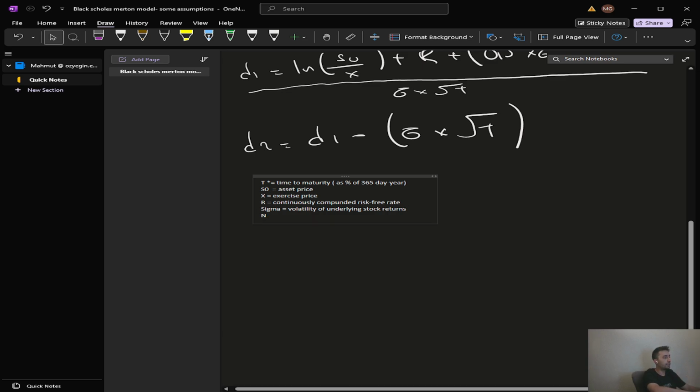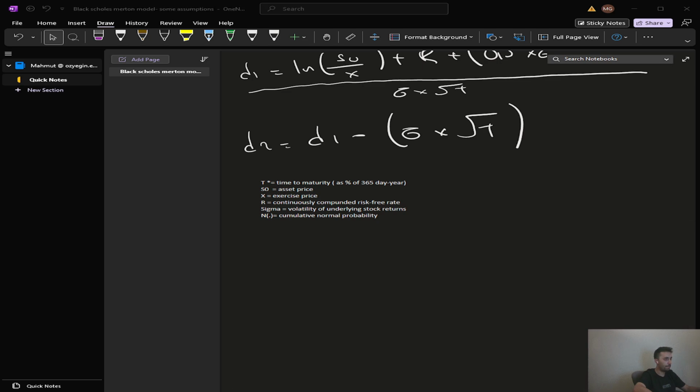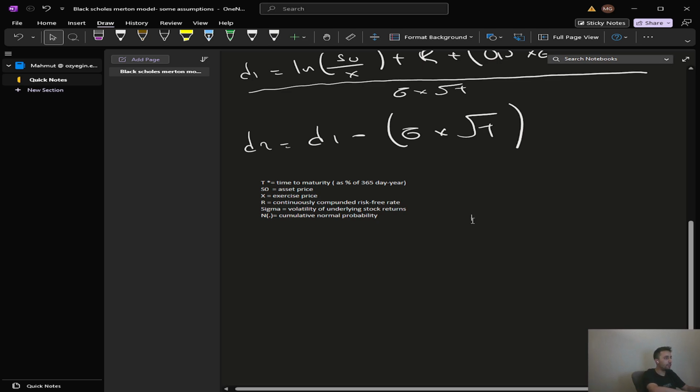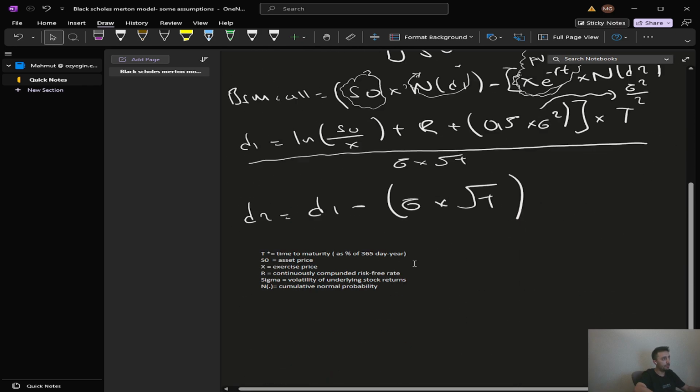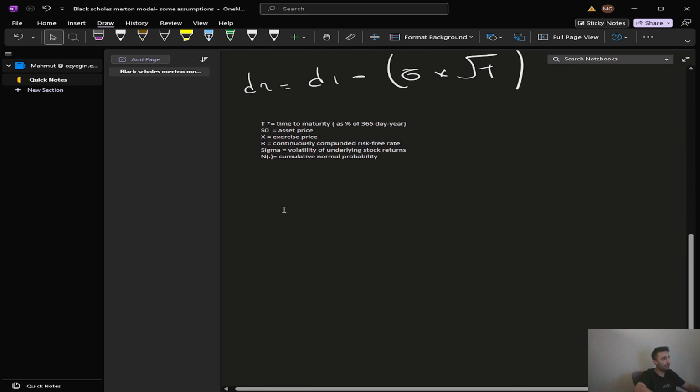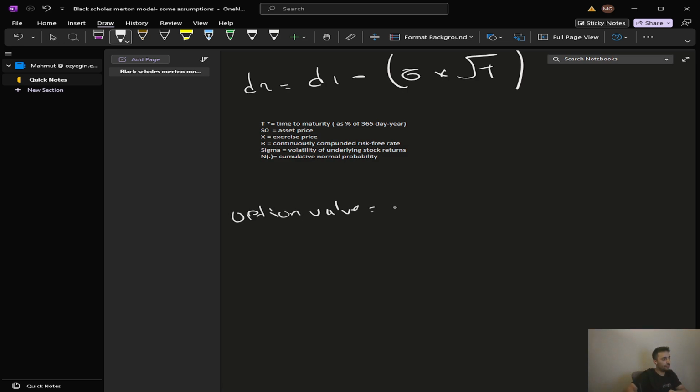And N is the normal probability. Always remember this. Maybe I can give you more detailed information about this. Maybe you can't remember this formula, but always remember the option value. Calculate the option value, right? Option value is equal to price times probability.